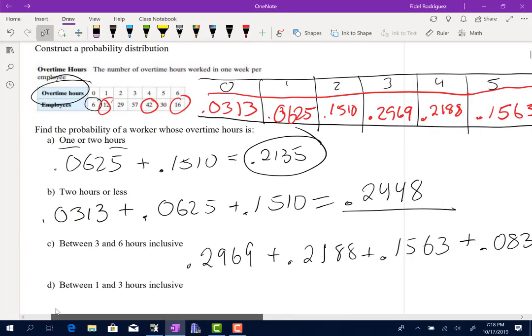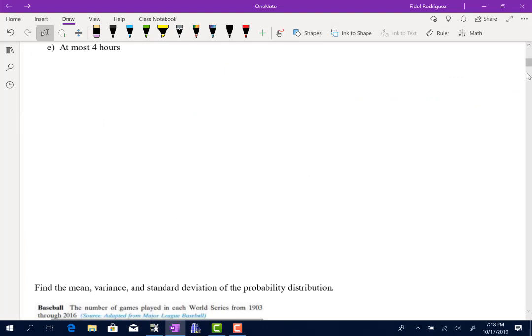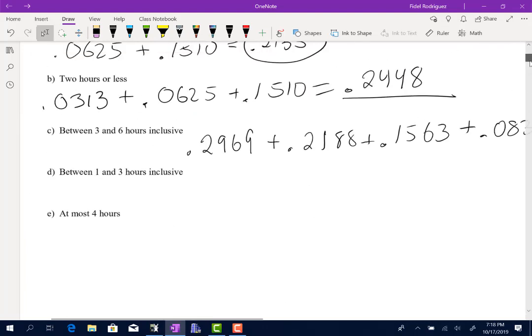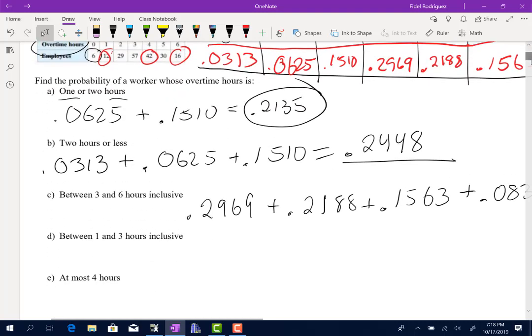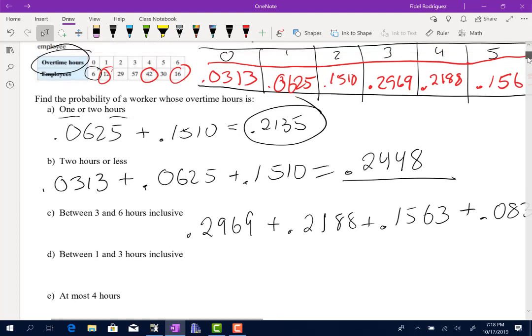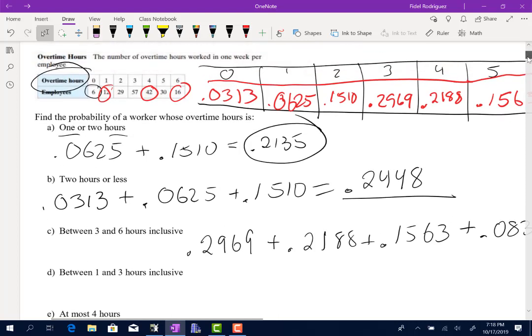Okay, guys, are these problems making sense as we're going through them? So far, we're doing okay? All right, good. And then look at part D. Part D says between 1 and 3 hours inclusive. What numbers would we add up? These right here, right?